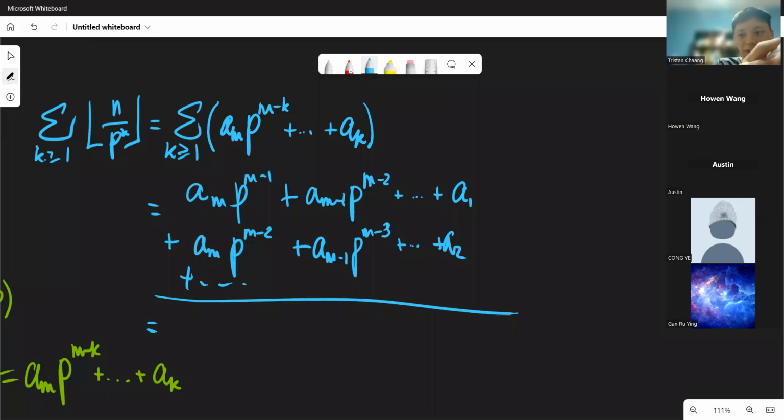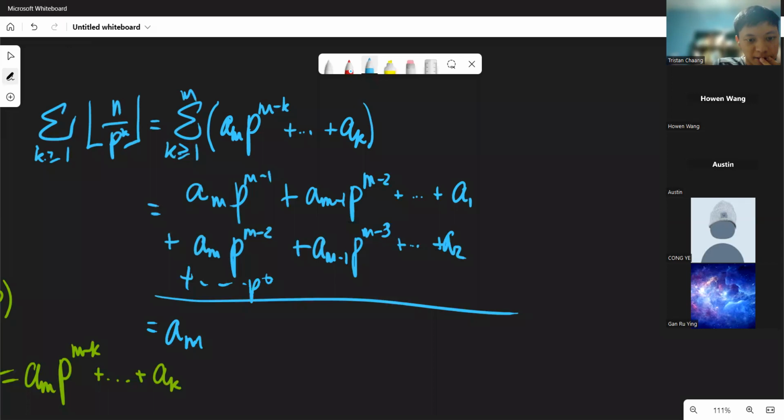We can sum from the first column, and the first column is am times the geometric sum from p to the m minus 1 to p to the 0, right? Because this k goes from 1 to m. Remember that. Actually I should also write m here.